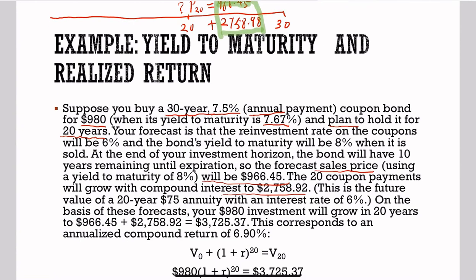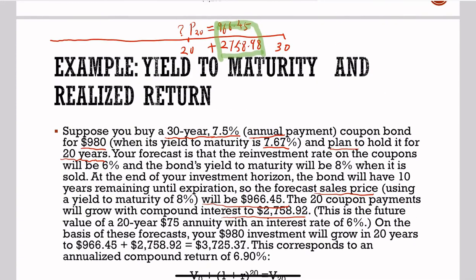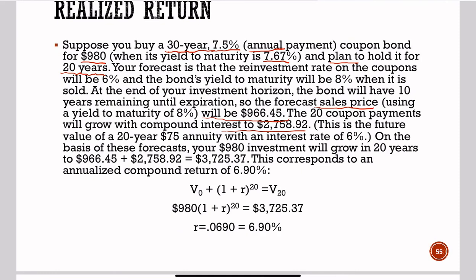So now let's think about what is your annual return, right? Your annual return is given by the initial price of the bond, which is $980. Let's use R to denote your annualized return.